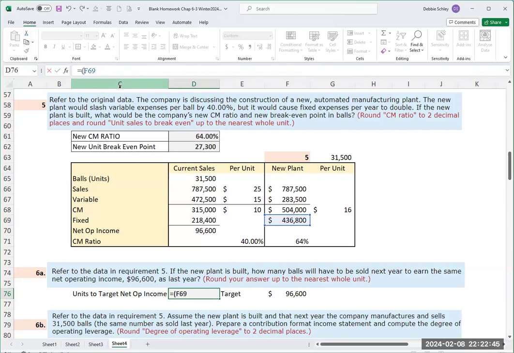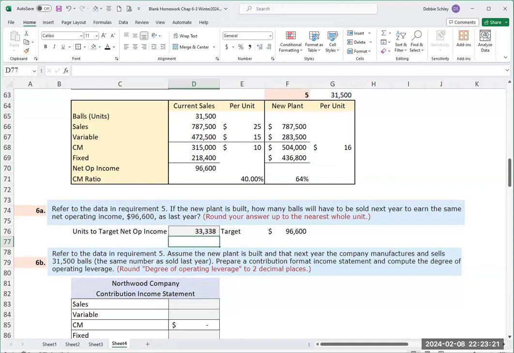Hold on. Open parentheses, my fixed expenses that are doubled plus my target profit, close parentheses, divided by, and they want it in units, so I'm going to divide it by the contribution margin per unit. So if I want that target profit, I'm going to have to sell 33,338 basketballs.